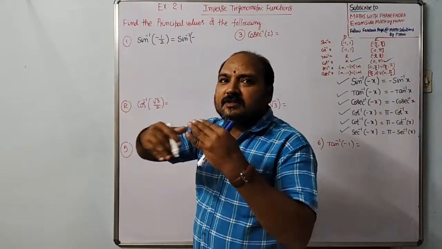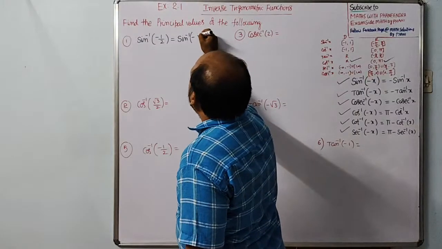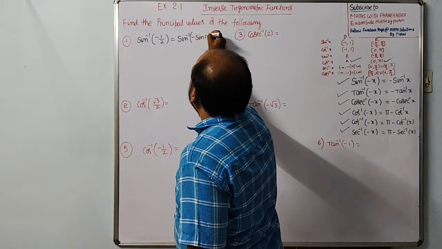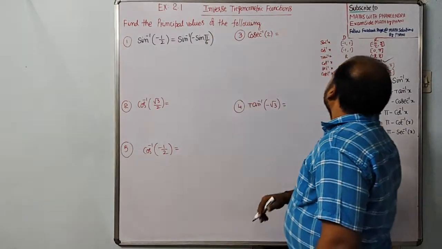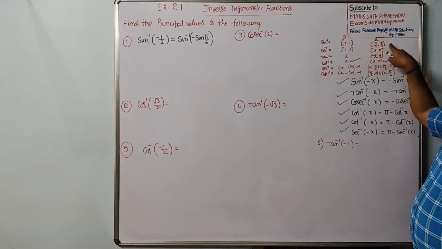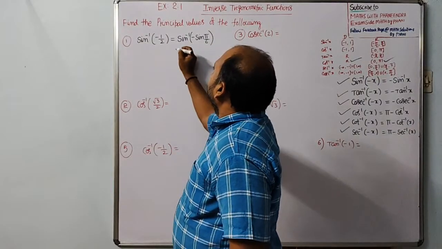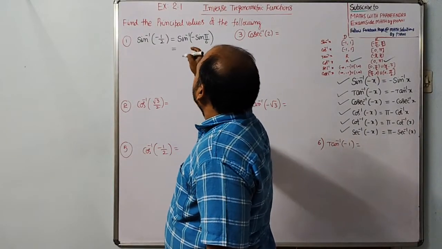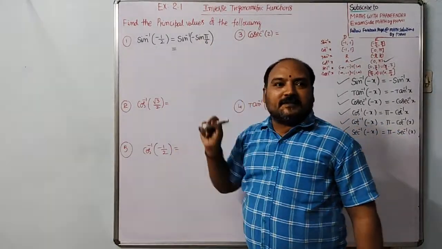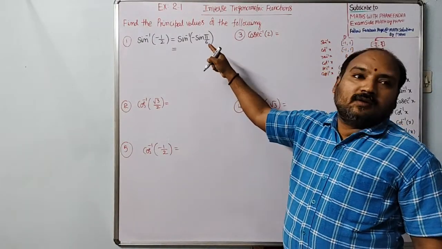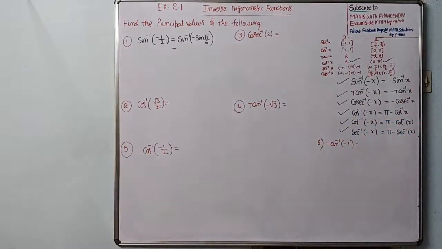So 1 by 2 in terms of sine, for what angle does it come? Sine pi by 6. Am I right? It should lie between minus pi by 2 and plus pi by 2. Sine inverse of minus sine pi by 6 will come.